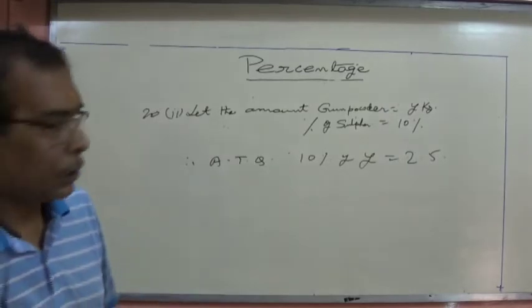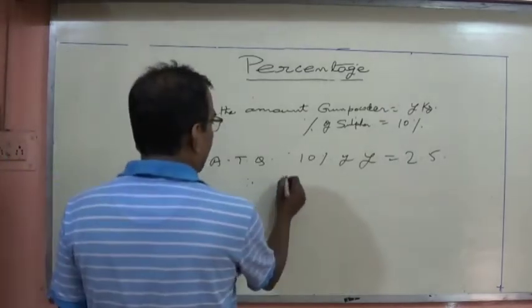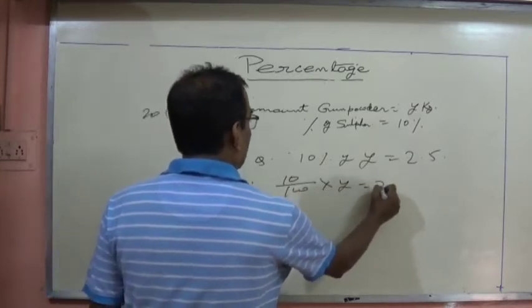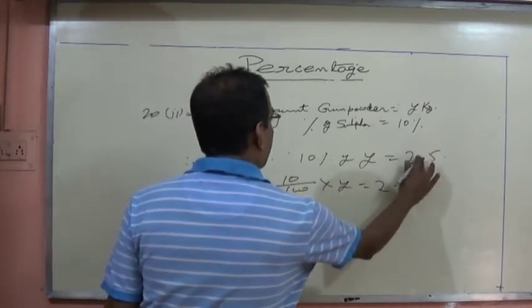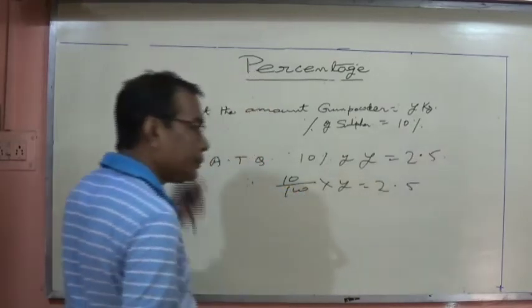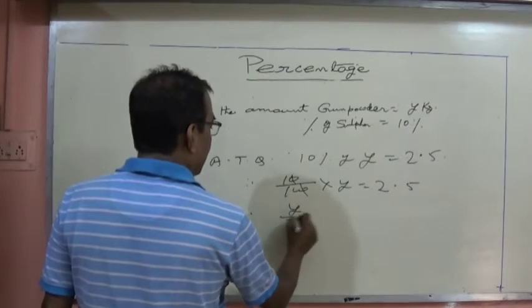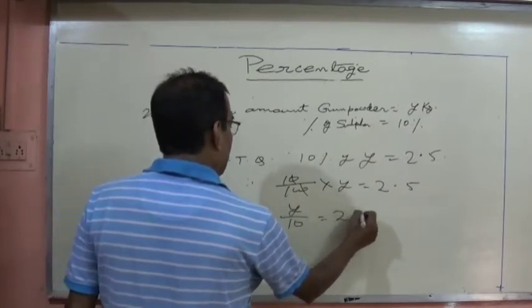10% means 10 by 100, of means Y, equal to 2.5. The 0s cancel, so Y by 10 is equal to 2.5.